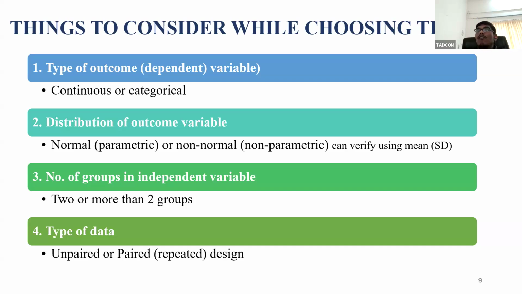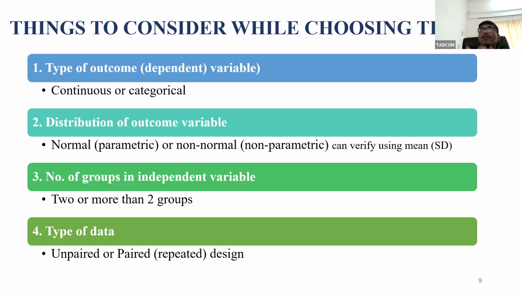So we have to consider 4 parameters. One is how our outcome variable is, whether continuous or categorical. Second is how the distribution of this outcome variable is, mainly looked at in continuous variables only, either normal or non-normal distribution. Next, we see how many groups there are in the independent variable, that is the exposure or risk factor.